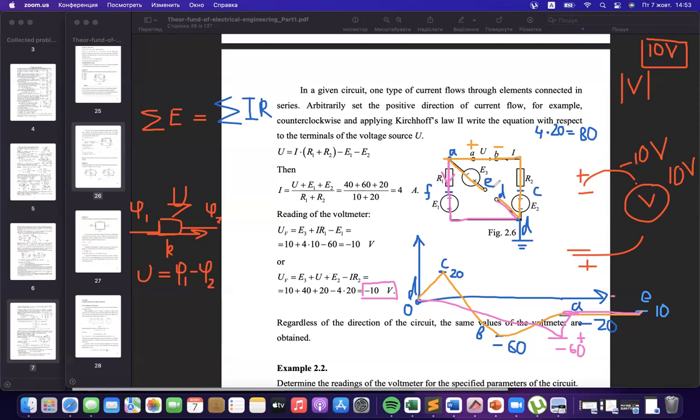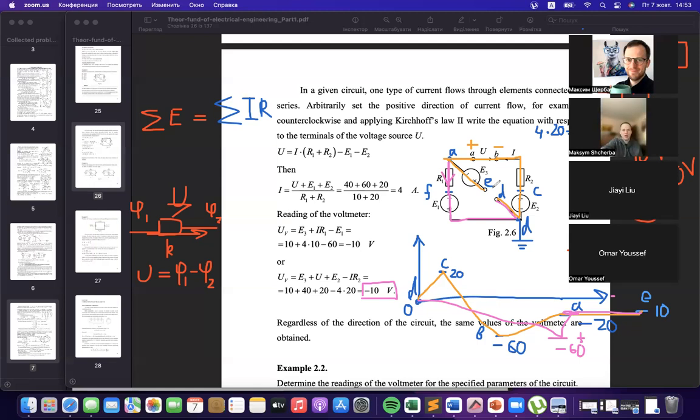Generally, everything fine? The main idea is okay? It's okay. Okay, perfect. Then let's move further.